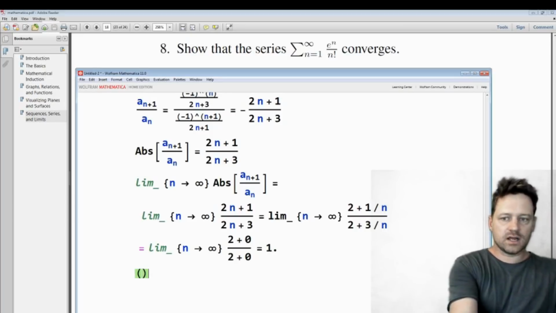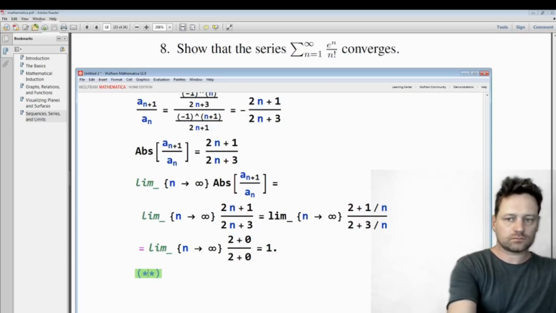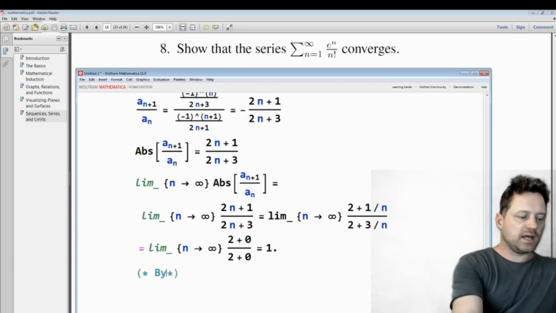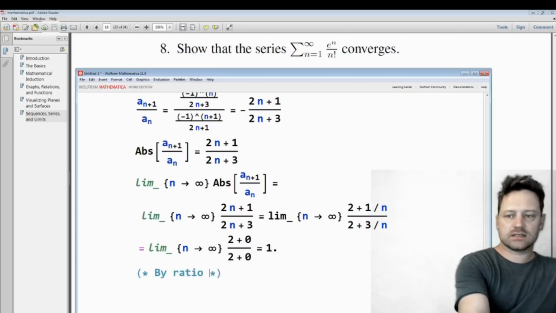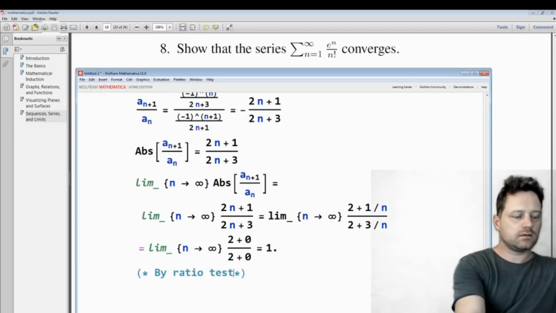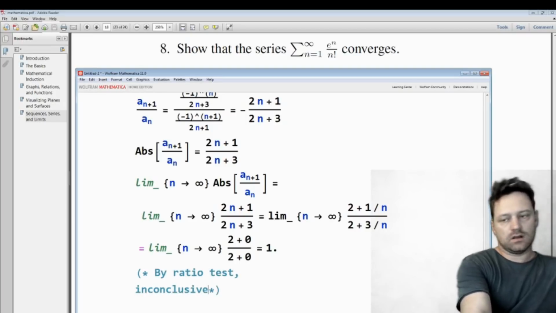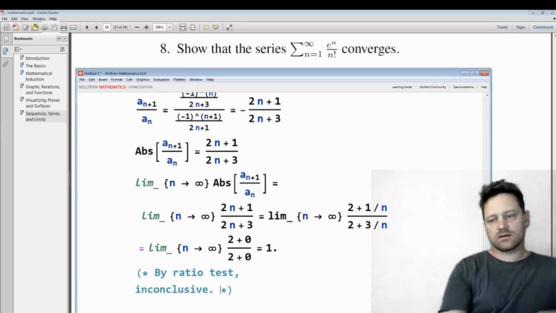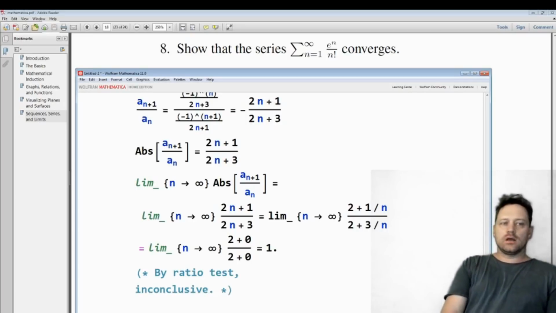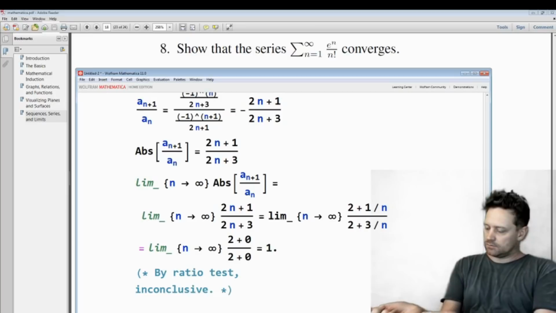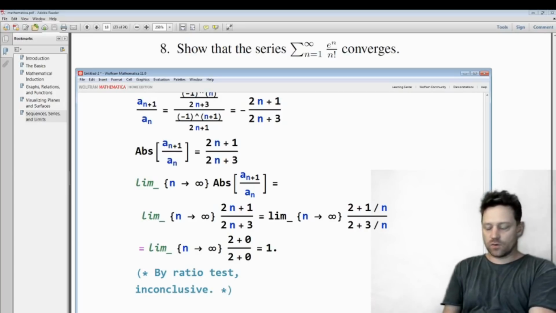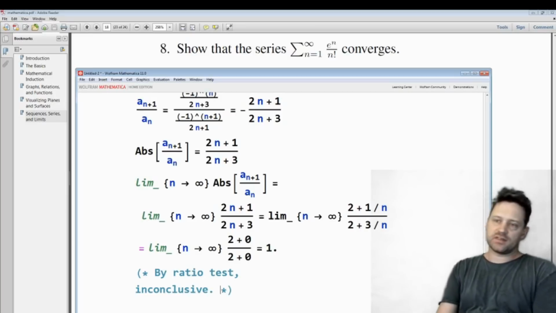So let's write: by ratio test, inconclusive as to whether or not it converges or diverges. So you'll have to show that it converges to pi on 4 by some other method.